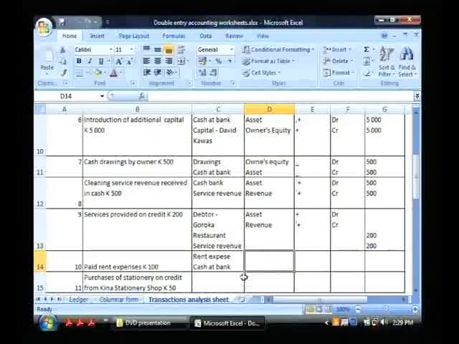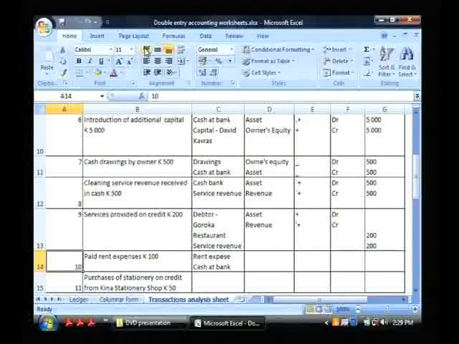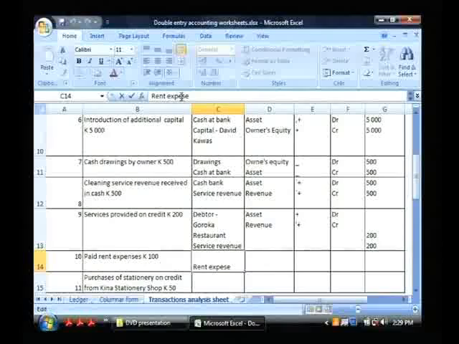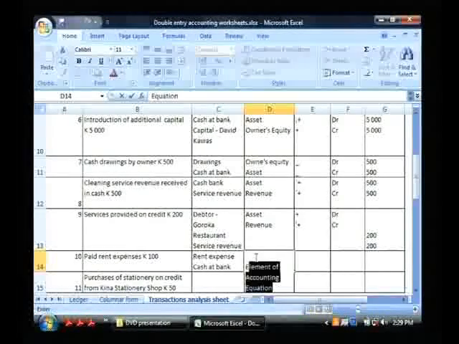These are the two accounts, according to our early explanations. Rent expense is an expense account.